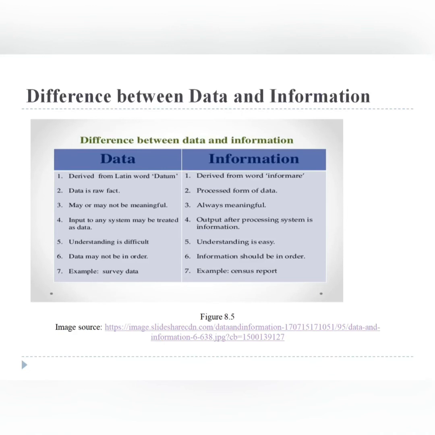Output after processing is information. Data is very difficult to understand, but information is easy to understand. Data may not be in order, but information should be in order. An example of data is survey data. An example for information is a census report. So it produces some meaning. These are some differences between data and information.